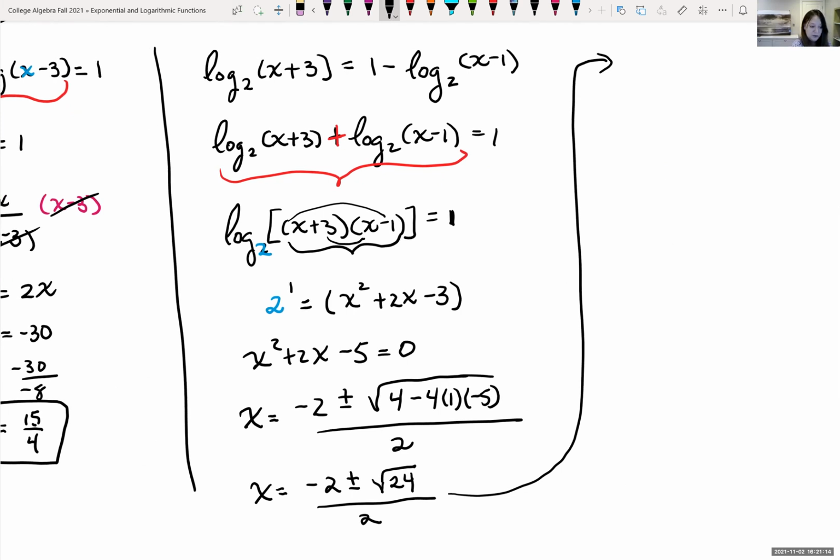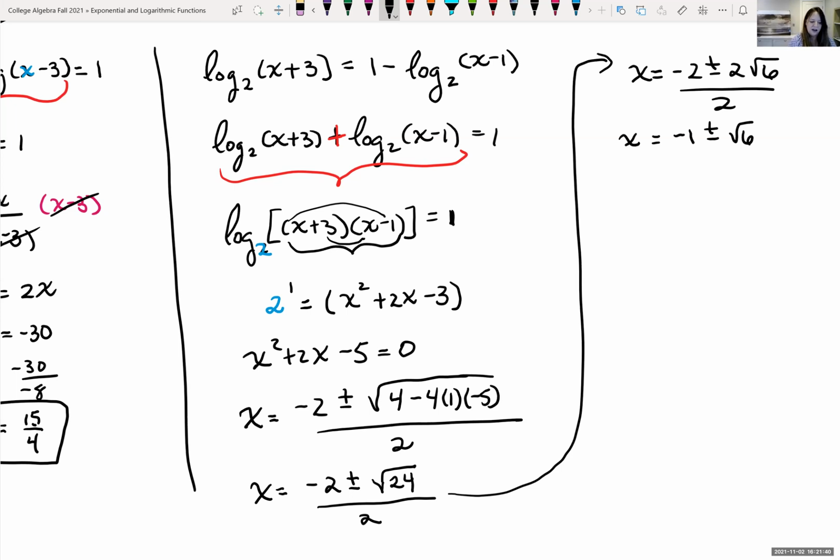So we can pull out the square root of 4 and rewrite it as 2. So this is x equals -2 plus or minus 2 root 6 all over 2. I notice 2 goes into -2 negative 1 time, plus or minus 2 goes into 2 root 6 times. We need to be careful here because we can't have a log of a negative number.